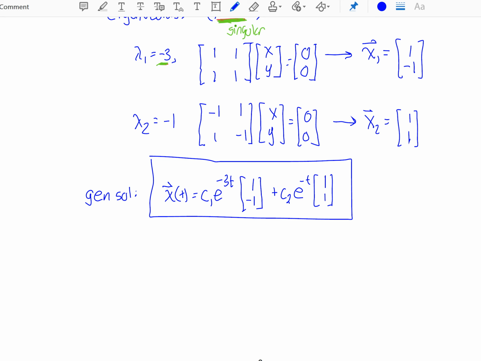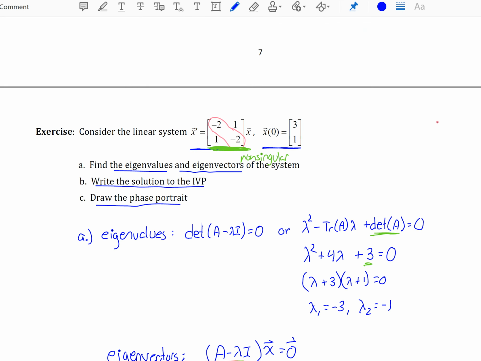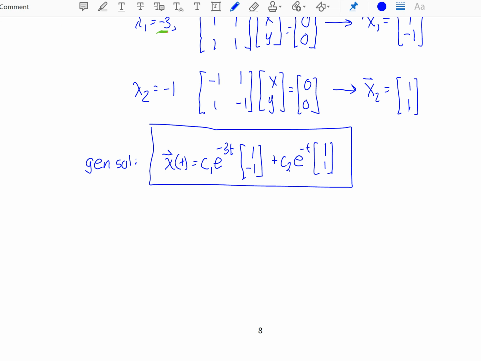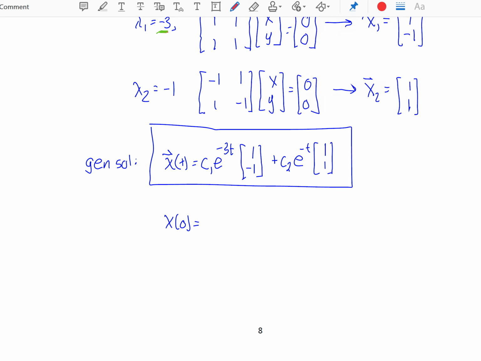However, we wanted to solve an initial value problem. So here we were given the initial conditions that at time 0 we want our vector to go through 3, 1. So let's evaluate our general solution at time 0. X at time 0 is going to be, now remember when we evaluate at 0, e to the -3t turns into a 1.